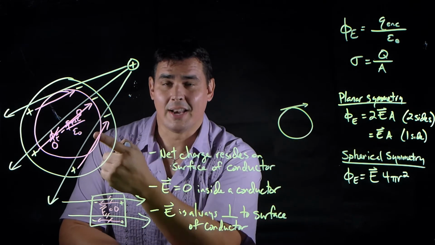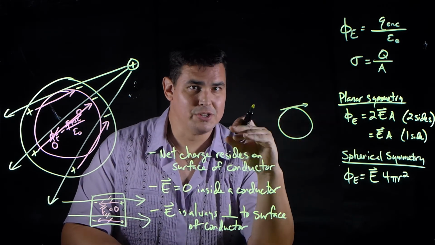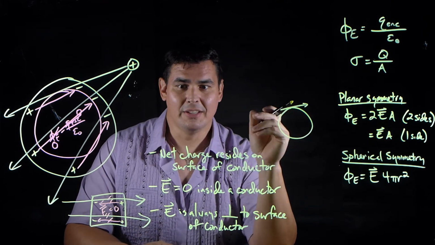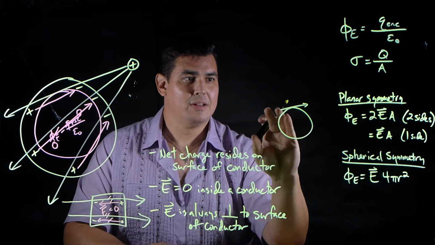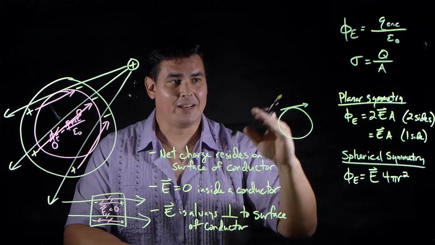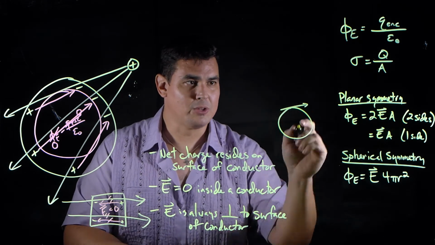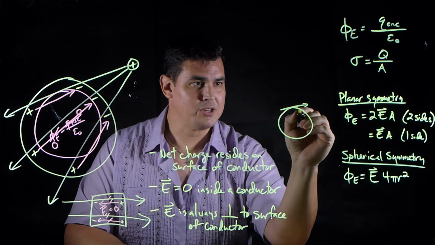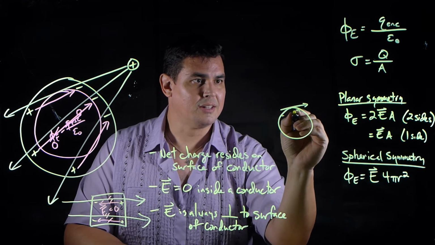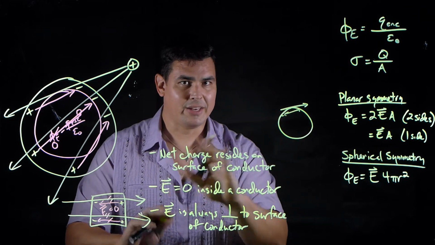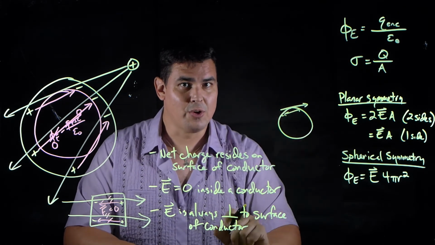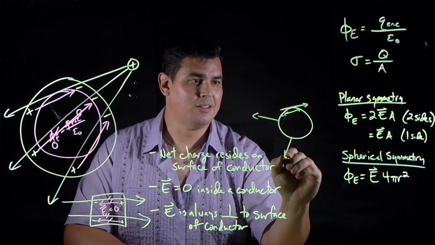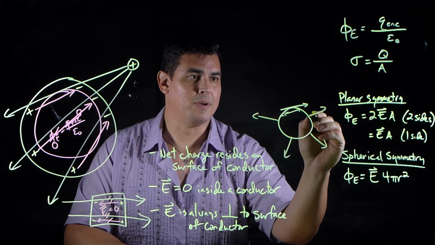It's going to pull charges one way or the other, and it's going to set up some field so that eventually there's going to be a separation of charge, and there'll be an electric field that ends up being perpendicular. So no matter what, if there's an electric field like this, it's going to pull charges, and you're going to get a separation, and it's going to create a field that cancels out. So that field is going to go away.